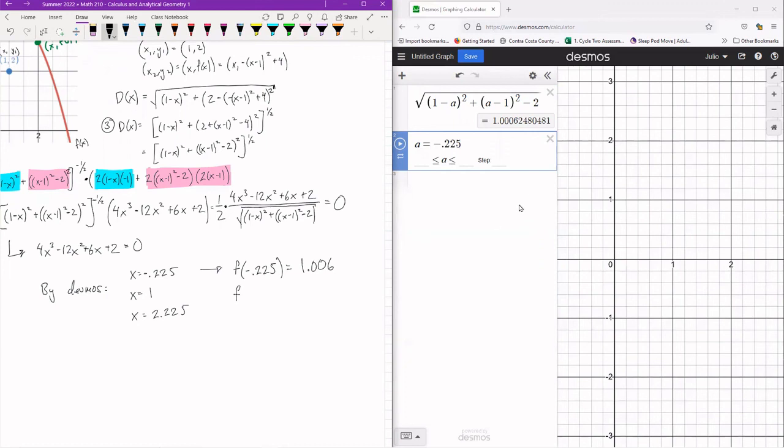When I plug in f of 1, it's undefined, so the answer does not exist. And then finally, f of 2.225, sorry, let me change that to 2.225. I plug that in here and get 1.006.